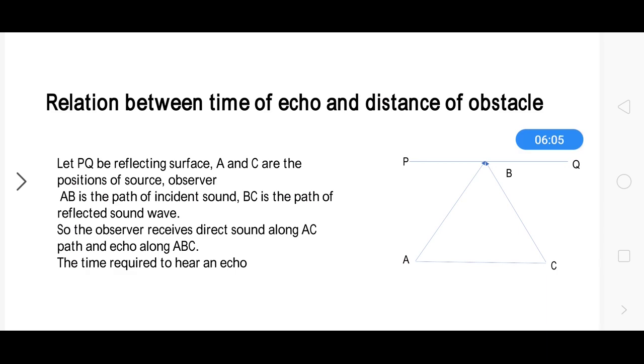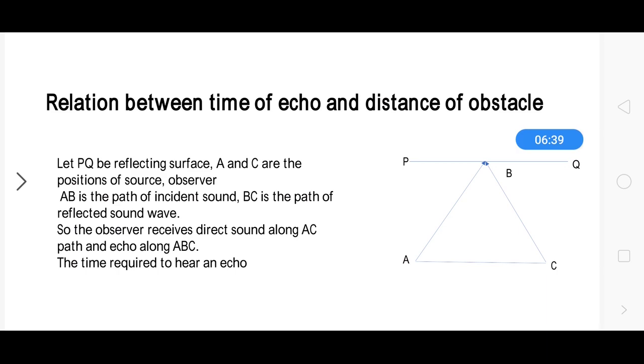Here the observer can hear the direct sound also. The source produces the sound waves from point A. The observer at position C can hear the direct sound in the AC direction, and can hear the echo which reaches that person along the ABC path.